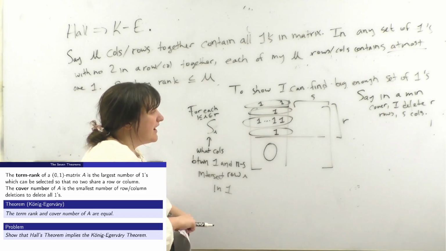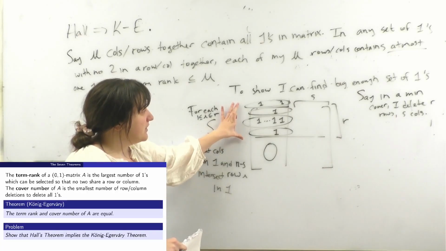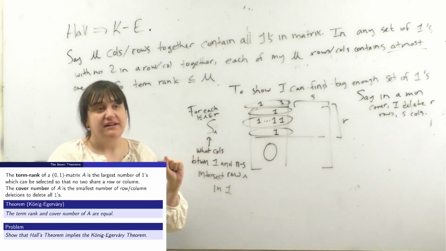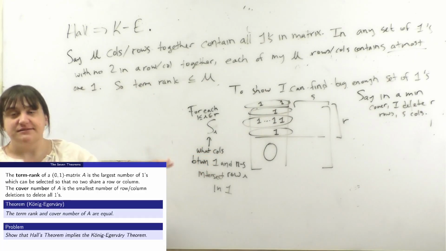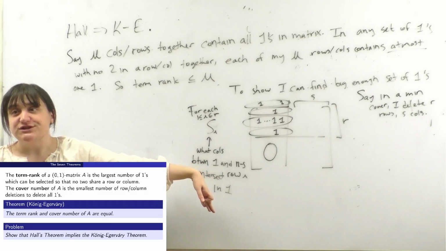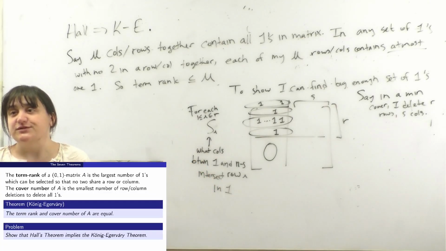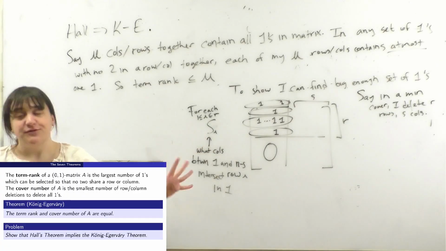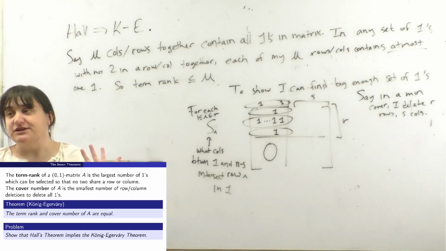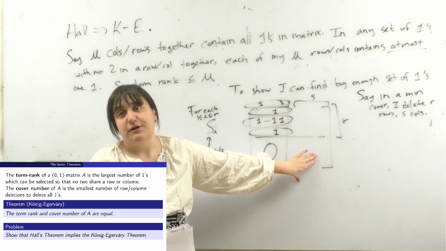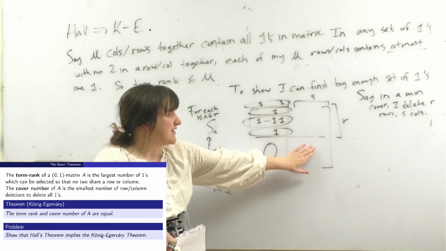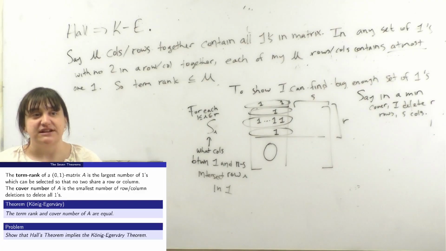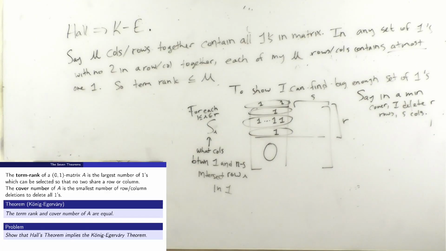So that's going to correspond to R ones up in this top block, where there's 1 from each row, they don't ever share a row, and I've set it up so that they don't ever share a column either. So that's half of the set of ones that I want to find to show what my term rank is. And I would just repeat exactly the same argument with rows and columns flipped to say that I can find S ones down here in the bottom right that also are arranged like this. Okay, QED.